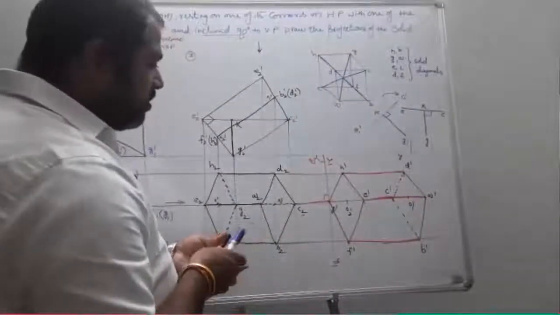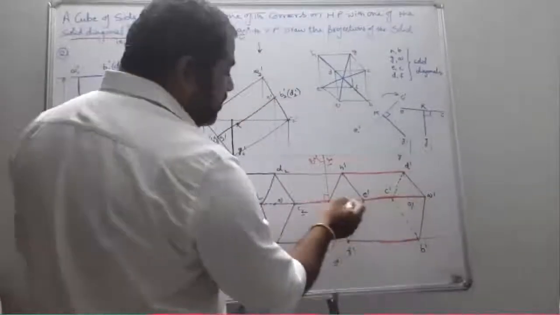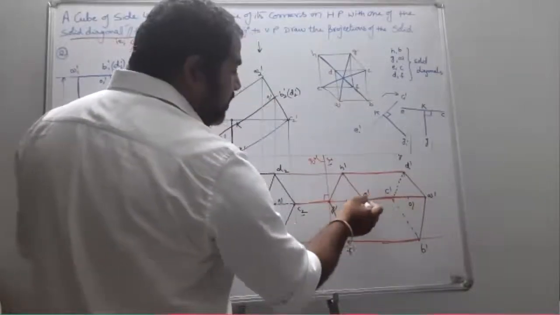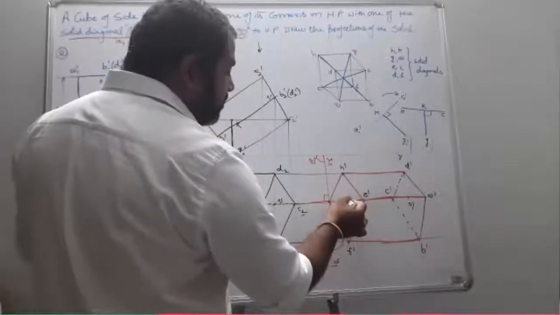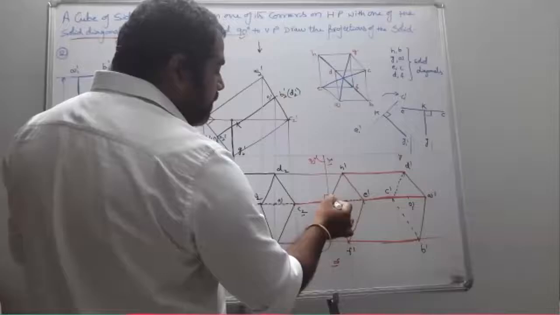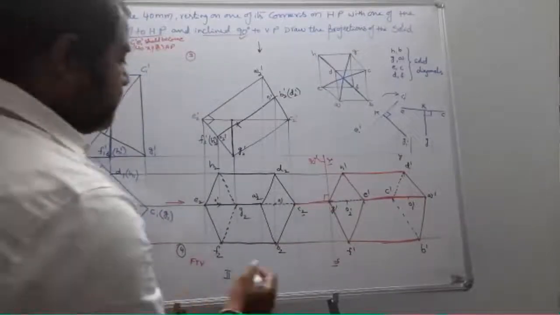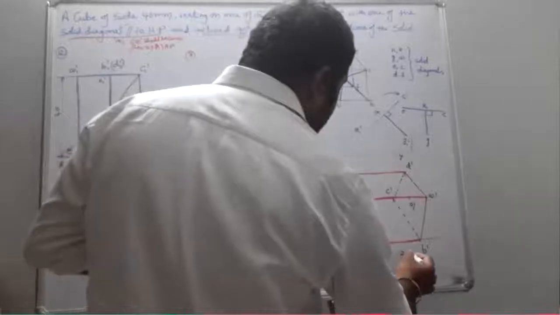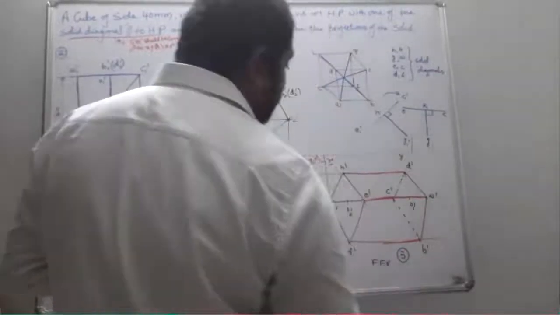When I am supposed to draw for CG, it should be dotted C to G. So up to C, it is going to be covered by the solid line. So remaining is going to be represented by the dotted line. So this becomes my fifth step. This is my final front view.